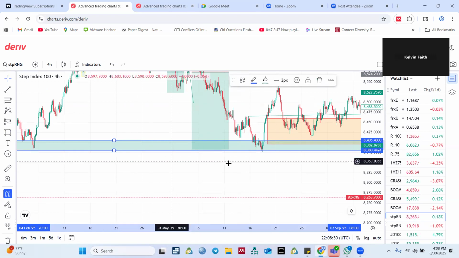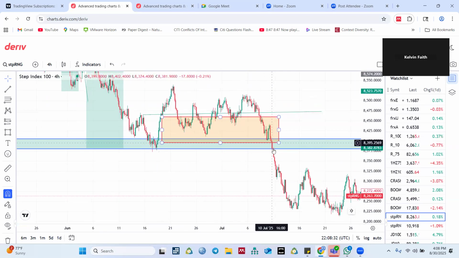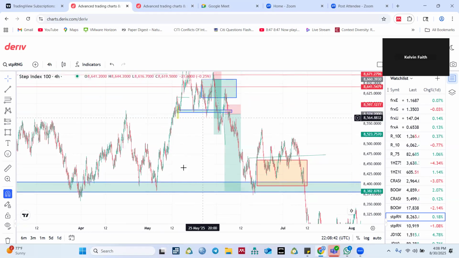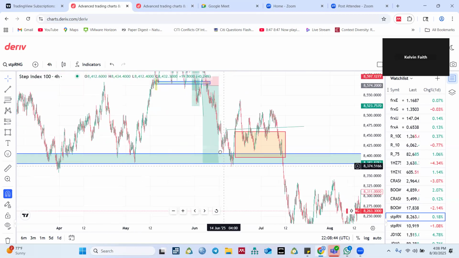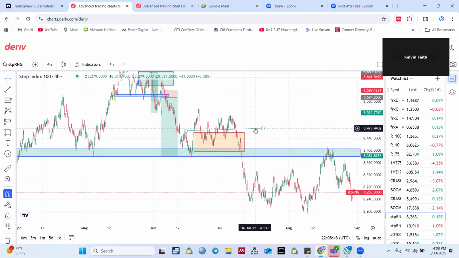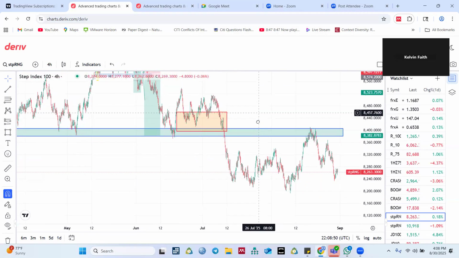The moment price closes below this area, this is the indication that the external low of this bullish move is taken out, and we have a proper confirmation that price is going to be selling.